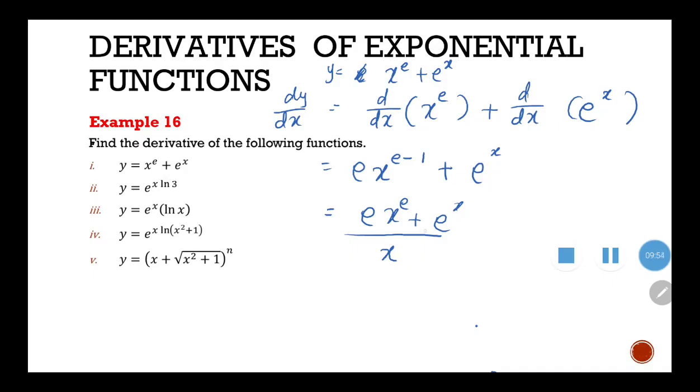Okay, this one, sorry, let me write this nicely. Plus e to the power of x. Okay, so this is the final answer for question 1. Now moving on to question 2.